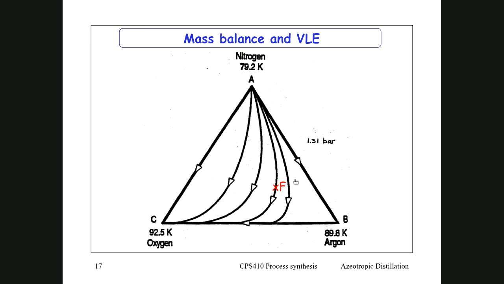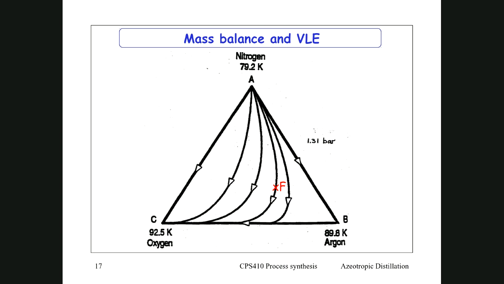If we've got a feed that has got a composition over there, we know that with that feed, we put it into a distillation column, that distillation column can make pure A. And on the other side of the distillation column, we're going to have a BC mixture.